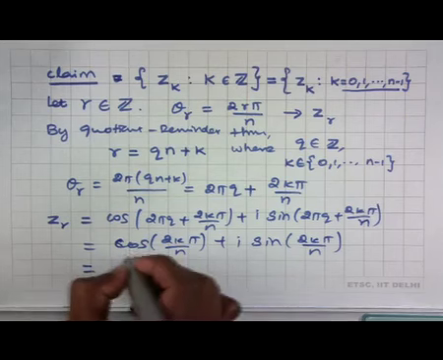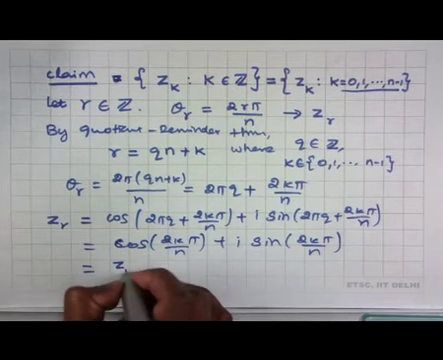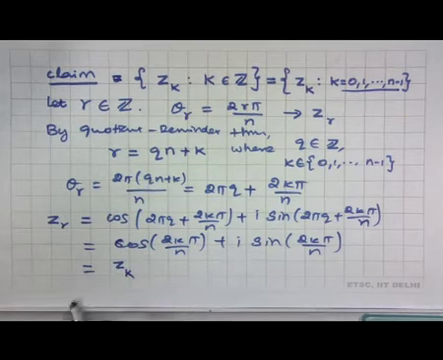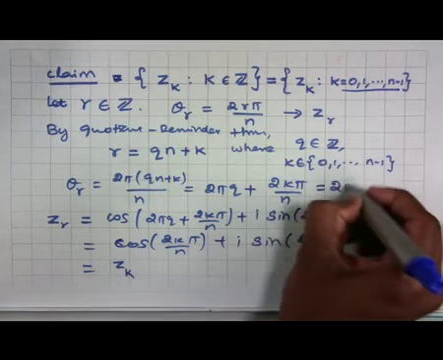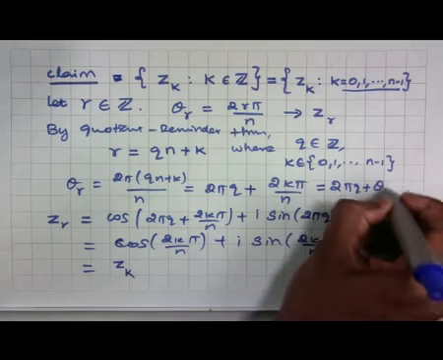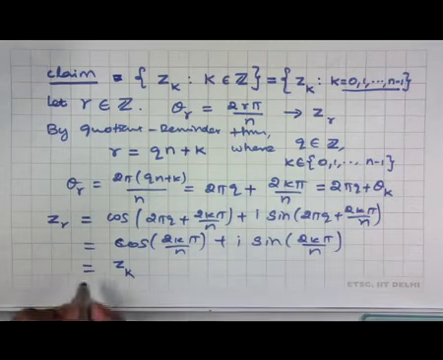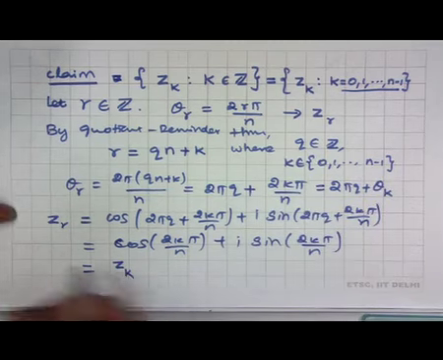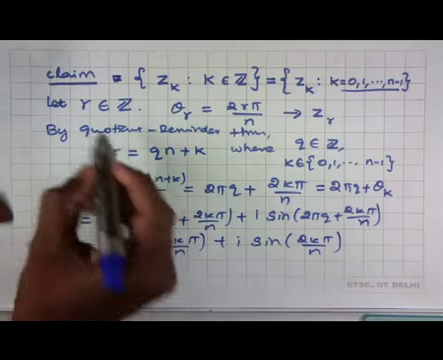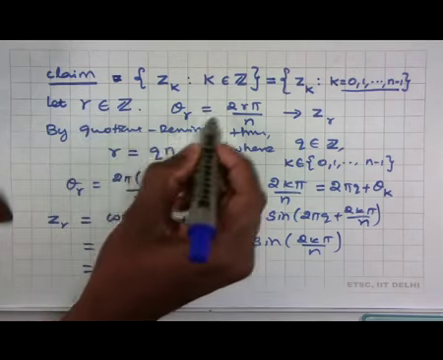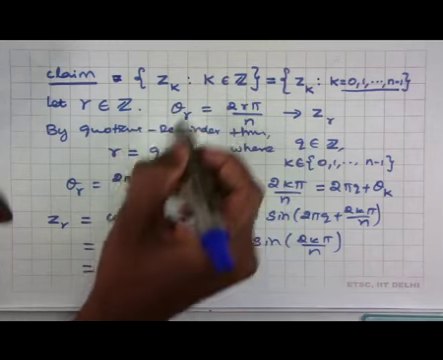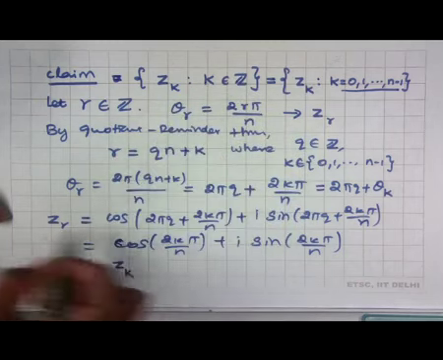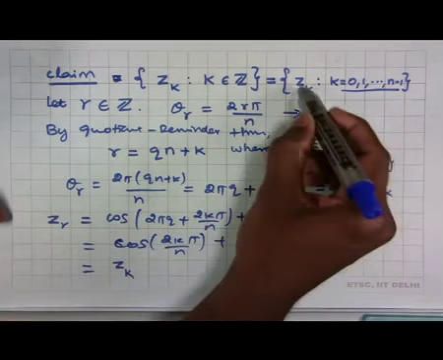This is nothing but our element zk, associated with theta k. So what we showed is that for any given integer, you consider the corresponding argument, you define the corresponding complex number, and this must be equal to one of the zk.